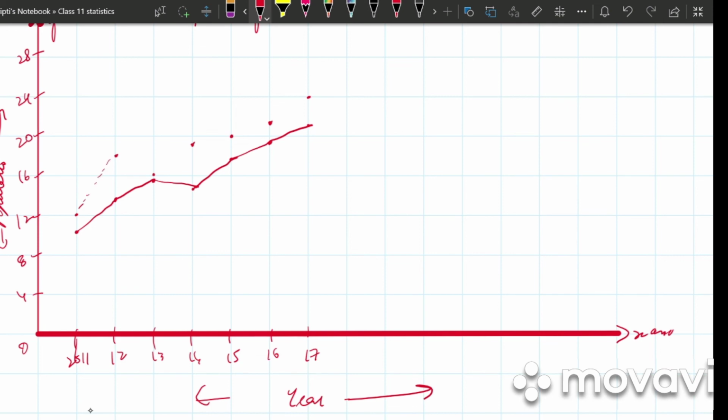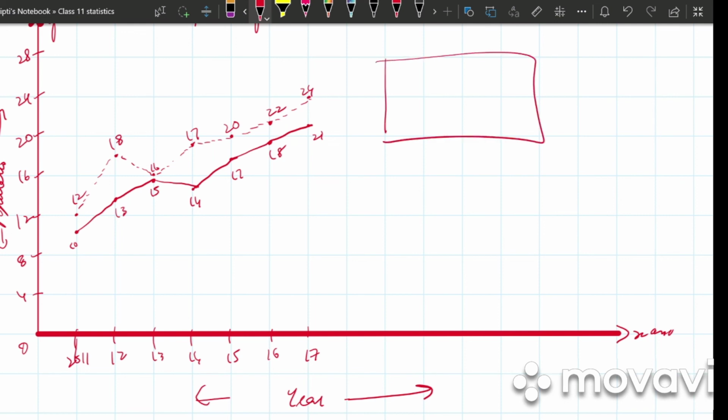So this we'll represent it with dotted lines. 12, 18, 16, 17, 20, 22 and 24. So straight line will be men and dotted will be women.